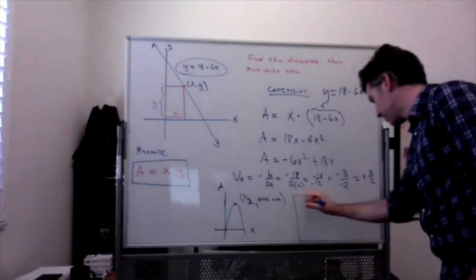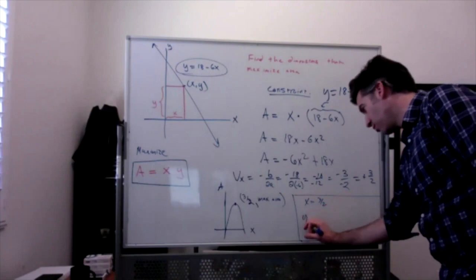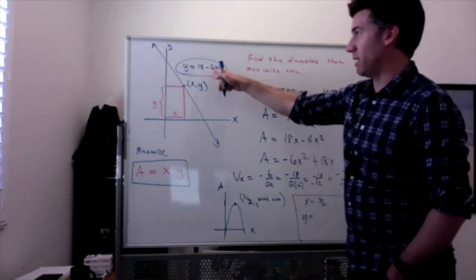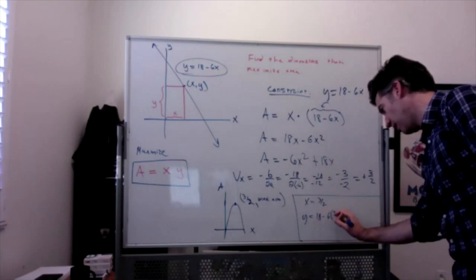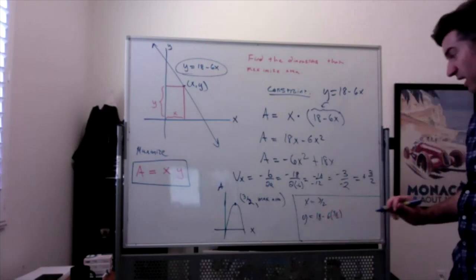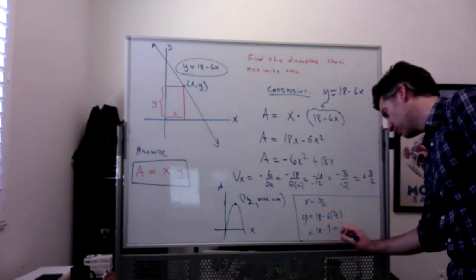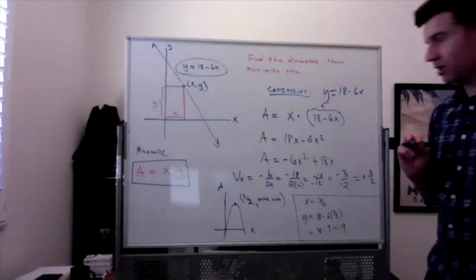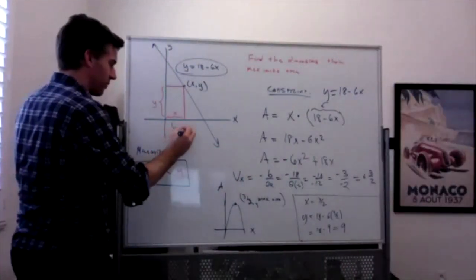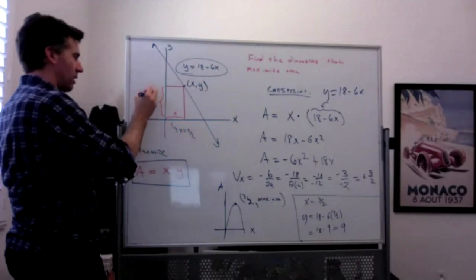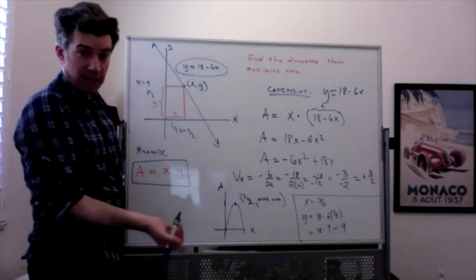So if x is equal to 3/2, y is going to equal 18 minus 6 times x, which is 18 minus 6 times 3/2. 6 times 3/2 is 9. That's going to be 18 minus 9, which is 9. So x is going to equal 3/2, and y is going to equal 9. Those are the values that will maximize the area.